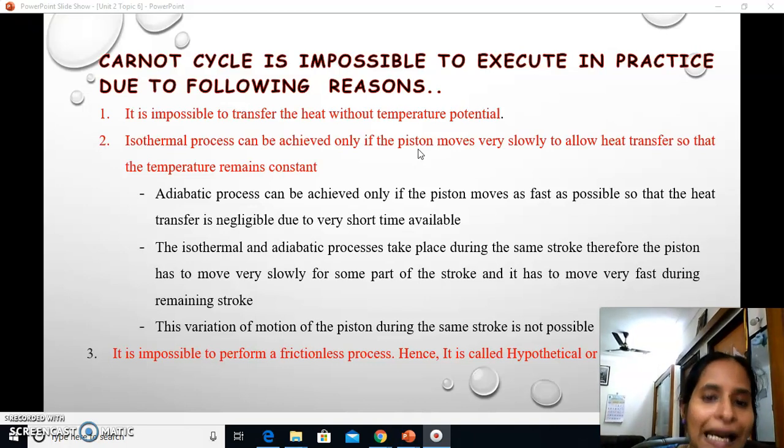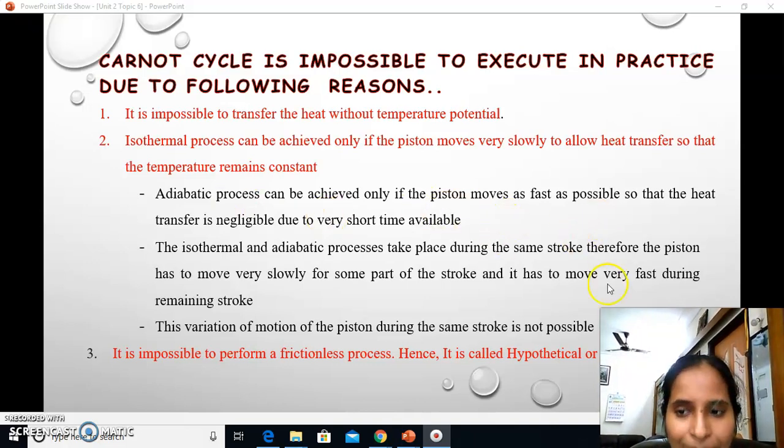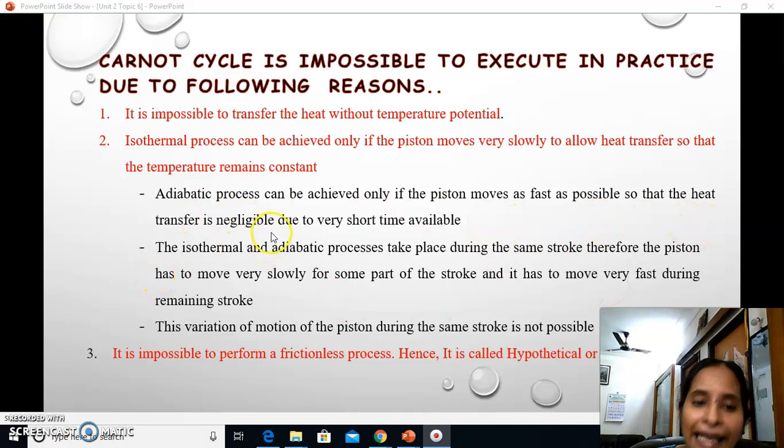Immediately it has to be digested. That much slow a process is needed for the piston to execute the isothermal process. An adiabatic process can be achieved only if the piston moves as fast as possible, so that the heat transfer is negligible due to the very short time available.